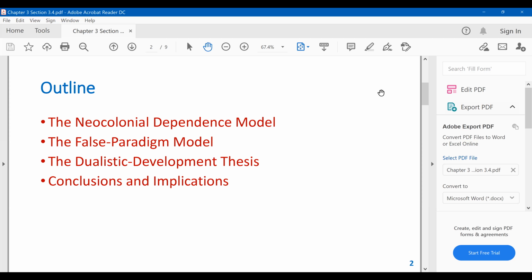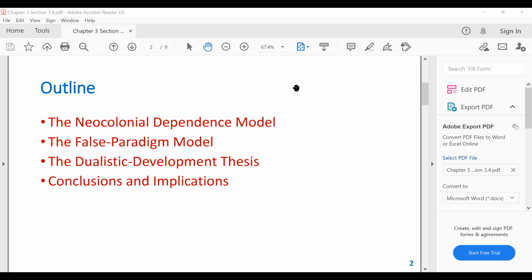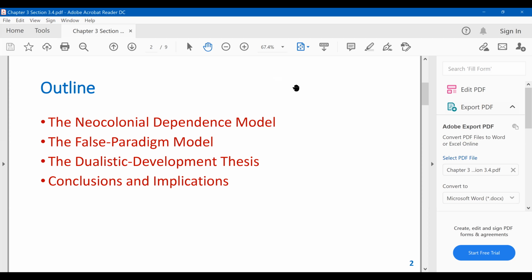Those dualities are important in shaping why poverty, inequality, etc., persist in the long run. And at the end of the lecture, after talking about these three approaches, we're going to discuss some conclusions and some implications.